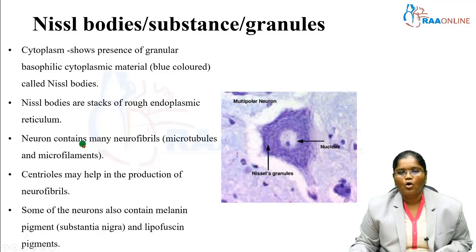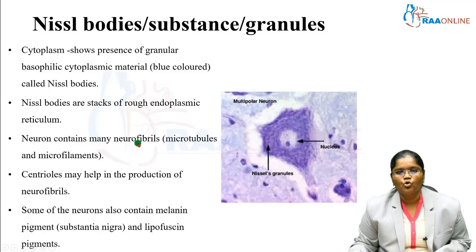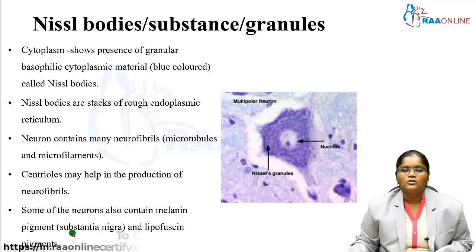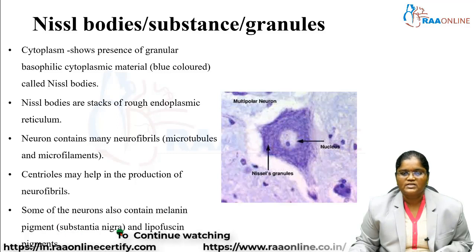The neuron also contains many neurofibrils. They are nothing but microtubules and microfilaments, and the centriole, which is helpful in the production of neurofibrils. Some of the neurons also contain melanin pigment, which is present in the substantia nigra of the midbrain, and lipofuscin pigments.